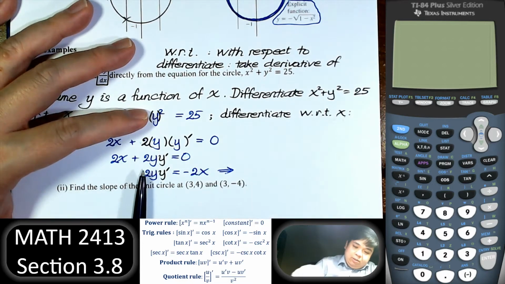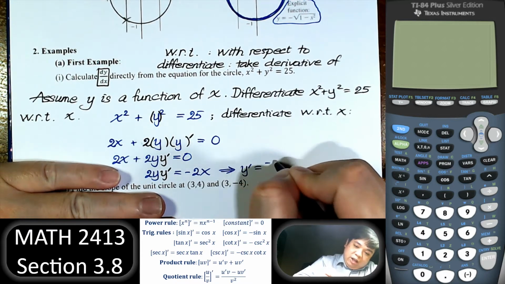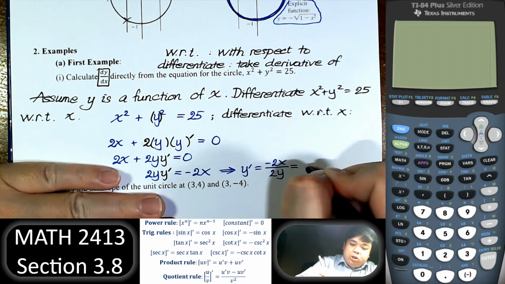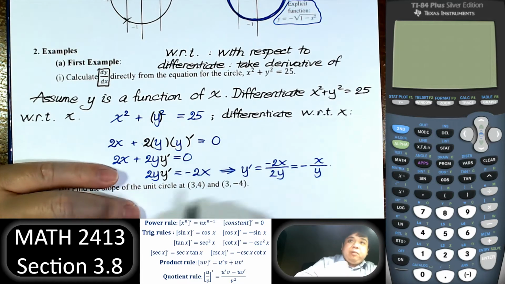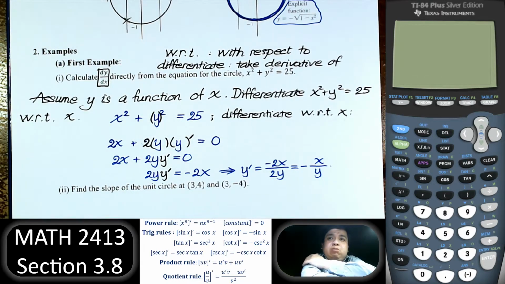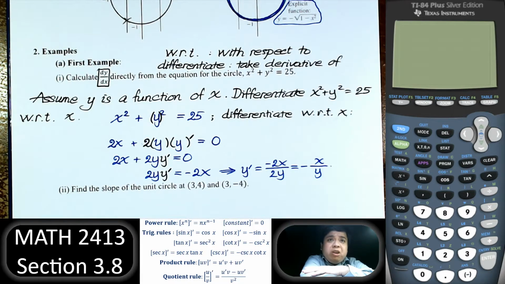We have y prime equal to negative 2x over 2y, cancel the 2, negative x over y. So that is the derivative. And the derivative implicitly may contain y in it, which is perfectly fine, because we don't need to solve for y as a function of x.